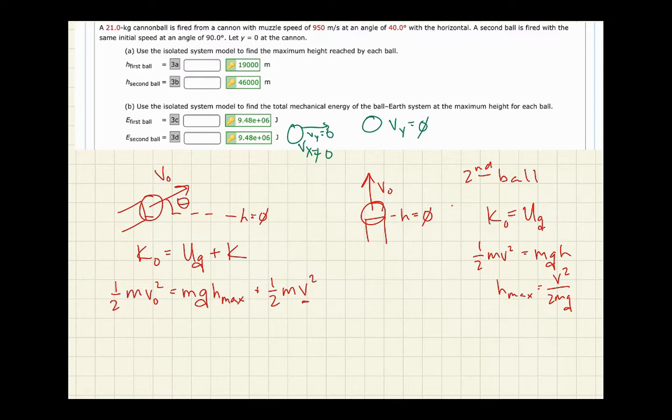Going back to projectile motion, this v is v in the x direction, which is v naught times cosine of theta. I can substitute that into my equation, canceling the masses here. I get 1/2 v naught squared equals g h max plus 1/2 times v naught cosine theta squared.